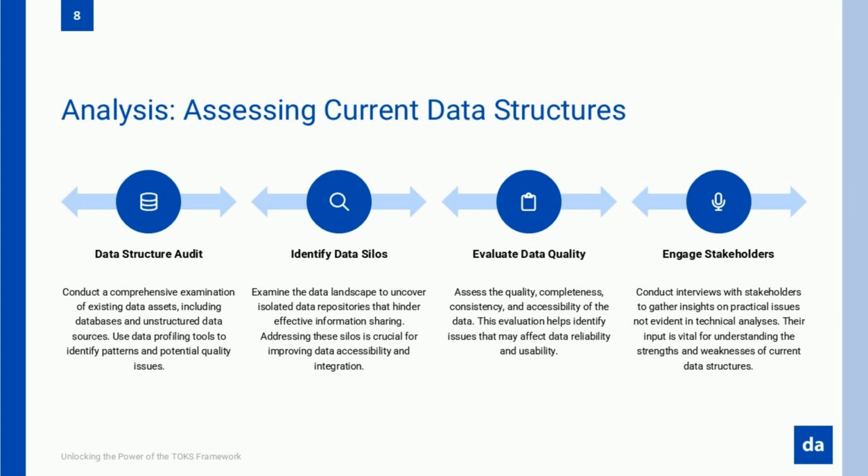During these audits, it's common to uncover a host of issues in legacy data systems. These can range from data silos that prevent effective information sharing to inconsistent naming conventions that make data difficult to find and use. Outdated data models that no longer reflect current business needs are another frequent problem, as are redundant or conflicting data sets that create confusion and inefficiency.